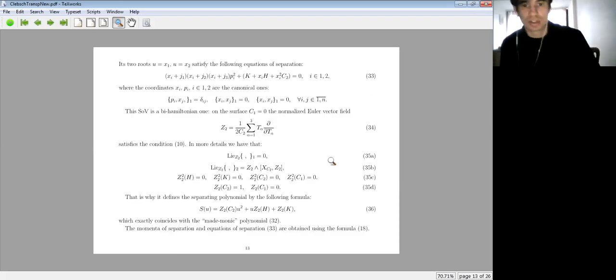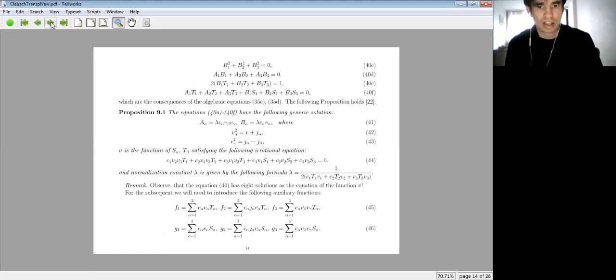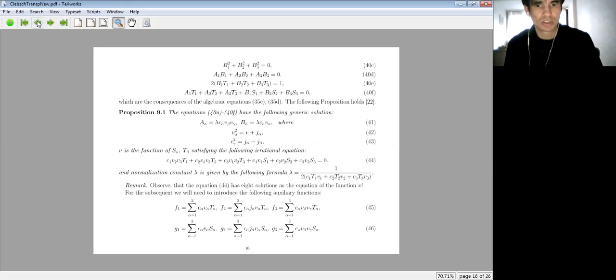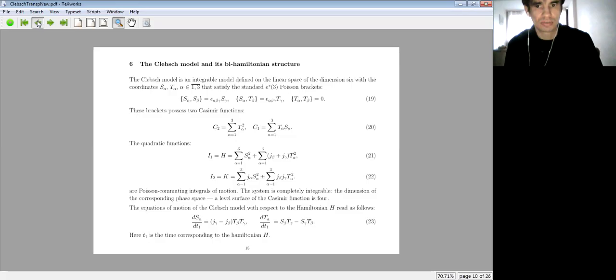Okay. So if you prove also 45A, 35A, 35B, it will be in the framework of the Magri-Falqui-Zeiler theorem, and it will be okay. Another possible proof is to prove that the coordinates xi given by this formula Poisson commute and satisfy the condition 15.